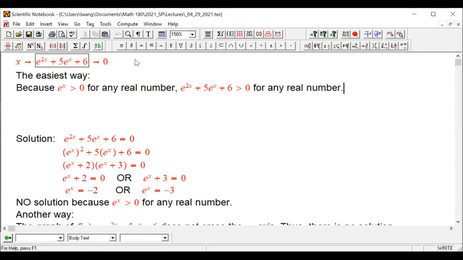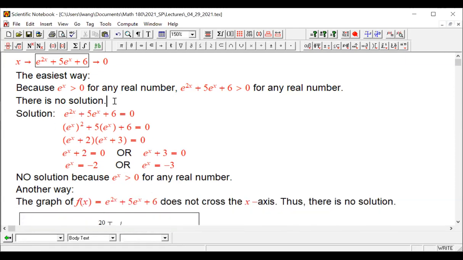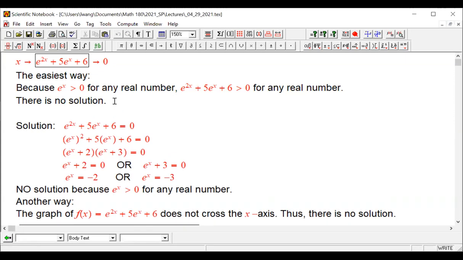If this is forever positive, then if you say it's equal to 0, you're not going to get any result. So there's no solution. You guys understand what I'm talking about? For any real number, this left-hand side is always positive. A positive number will never be 0, so there's no solution.